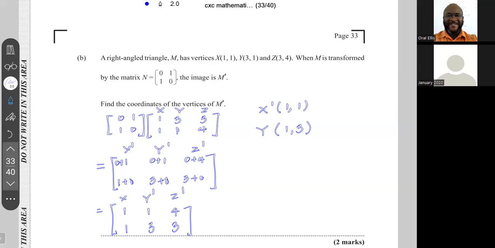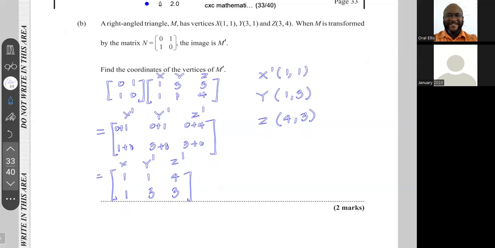The x and the y coordinates interchange, and z prime is 4, 3. The x and the y coordinates interchange. So for this transformation, the x and the y coordinate interchange, and I think the transformation that does that is reflection in the line y is equal to x.